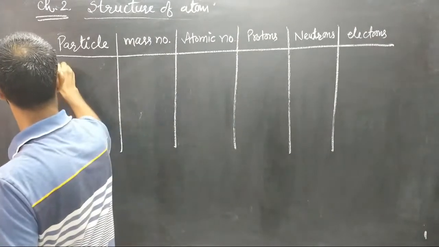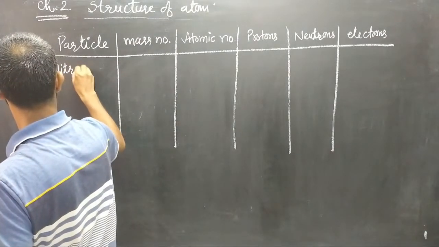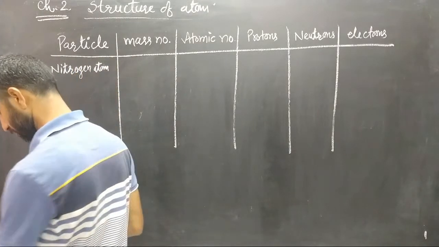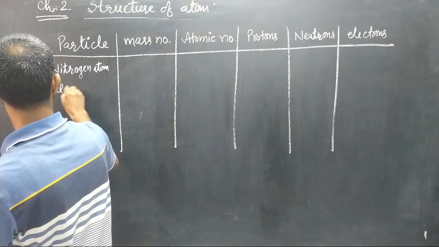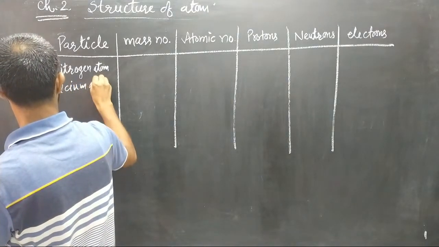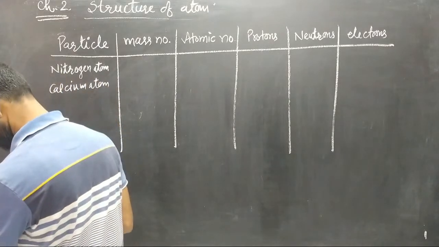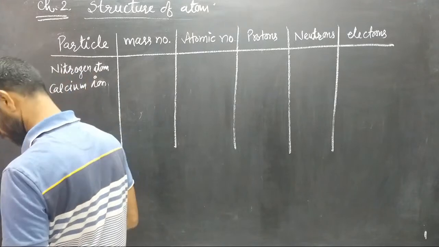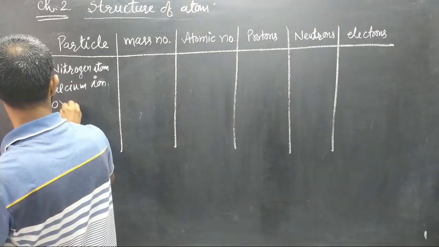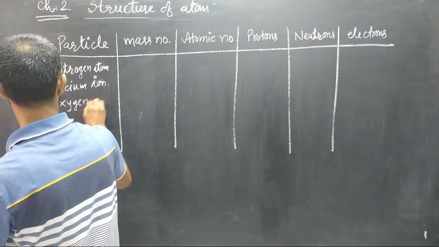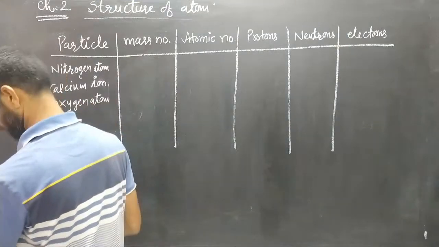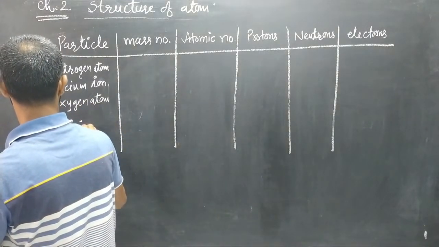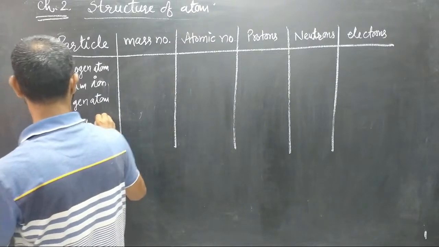First is nitrogen atom, calcium ion, oxygen atom, bromide ion.